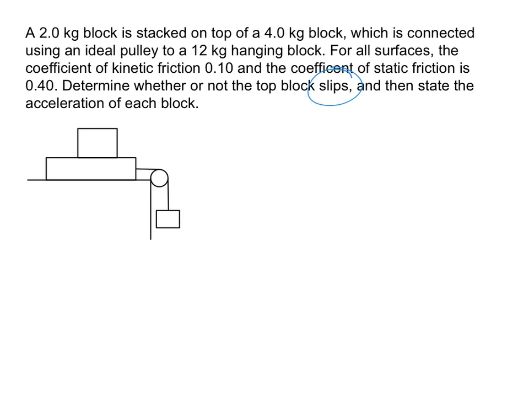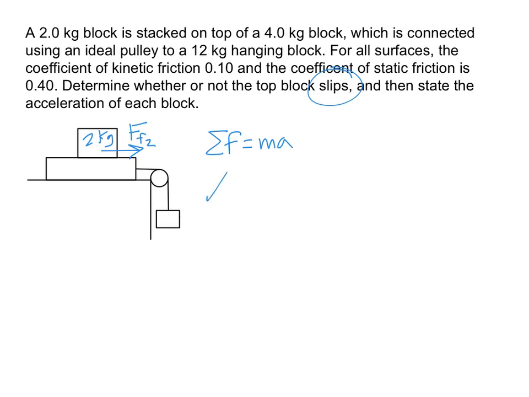So let's start by looking at just the top block. We'll look at the 2 kilogram block, and we'll say again that F is equal to ma. The only horizontal force on this is a frictional force, but now that I know it slips, it is a kinetic friction, and I can calculate that directly.